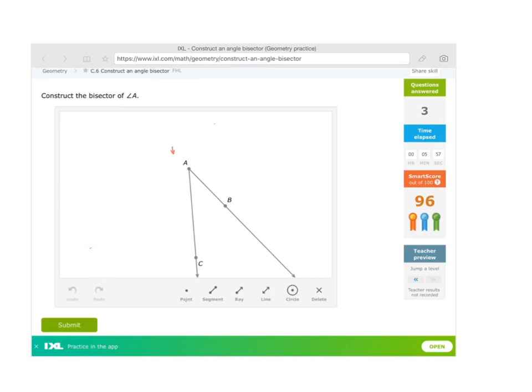Then you'll take B as your center and draw another circle from here. This intersects at 2 points. So draw a circle from here to here, with radius AB. So now your circle will be something like this. And then do the same thing with these 2 points. So this is the center, but radius A. So now you come to this point, and that's where that angle bisector is.